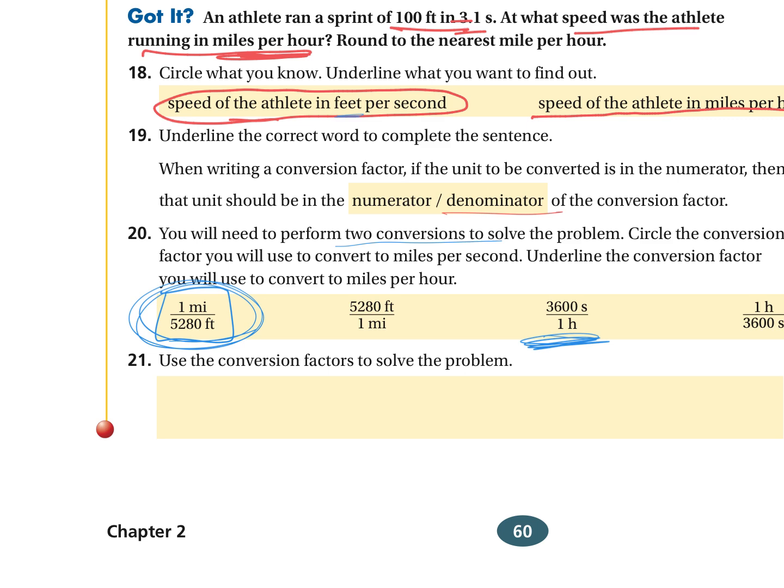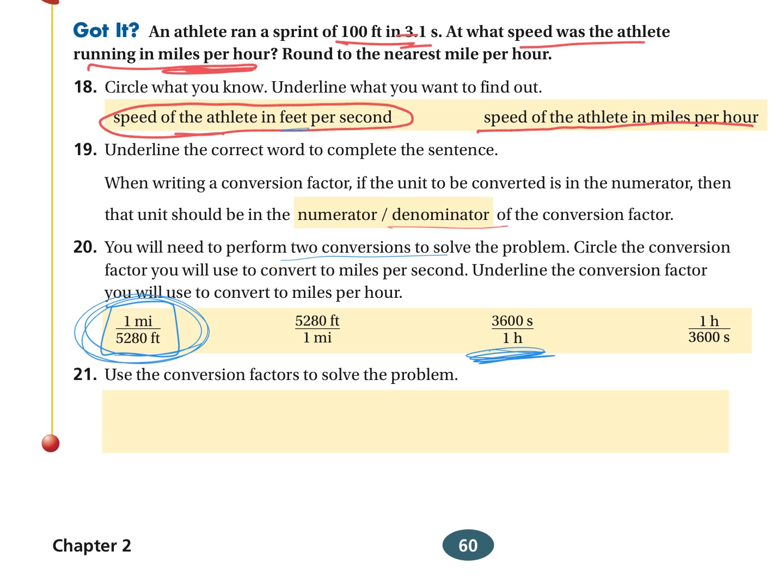This one's a little bit longer. First we have 100 feet per 3.1 seconds. Let's multiply this by our first conversion factor. We want to convert from feet to miles, so we get 1 mile per 5,280 feet.